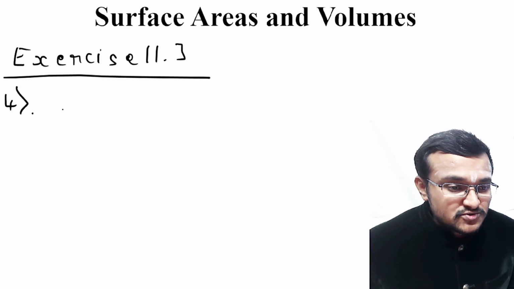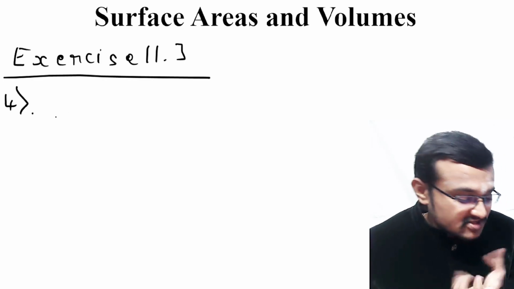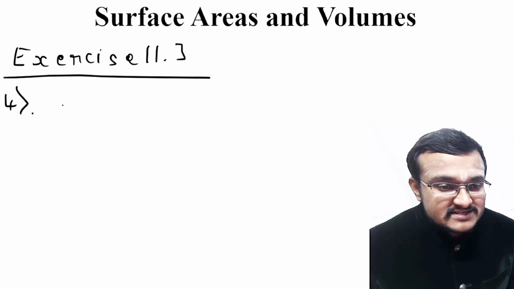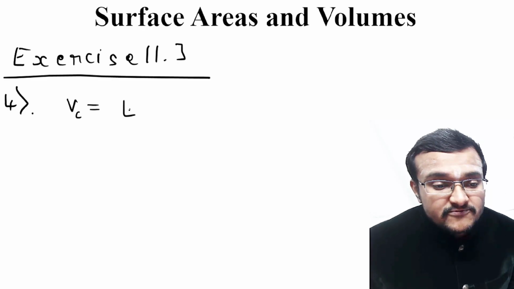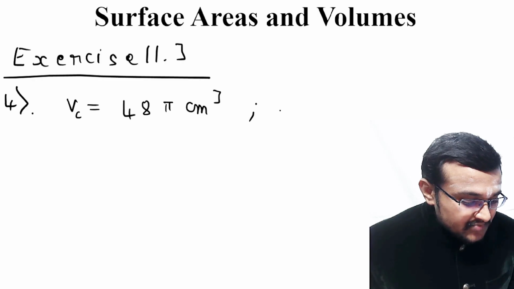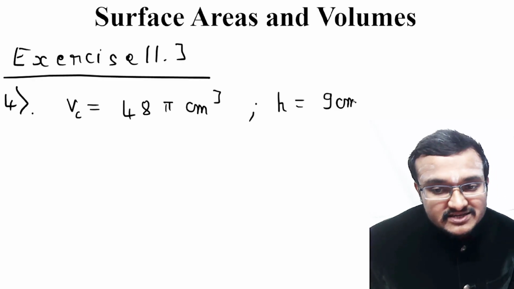So now in the fourth question, they have asked to find the diameter of the base of a particular right circular cone. Here they have given the volume of the right circular cone. So the volume of this right circular cone is equal to 48 pi centimeter cube. And height they have given. So height is equal to 9 centimeter.